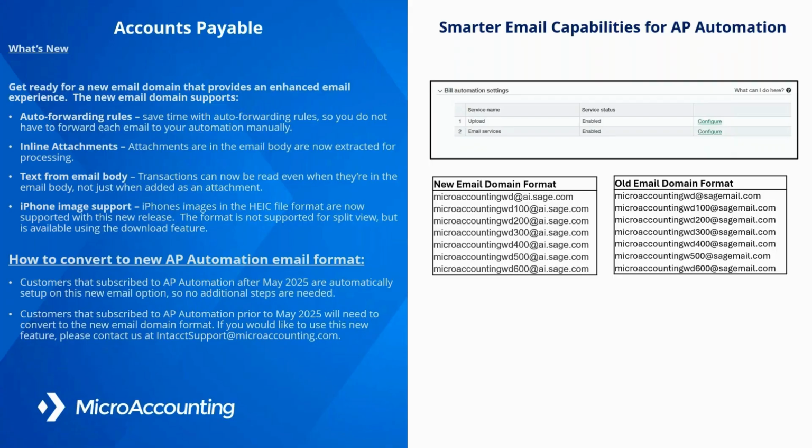If you've been using AP automation prior to May of 2025, you're going to have this old email format, and you're probably used to this. What happens is your invoices are going to come in, and then you're manually forwarding them to whatever email is applicable, and then it gets coded from there, and you're able to pay it, right?